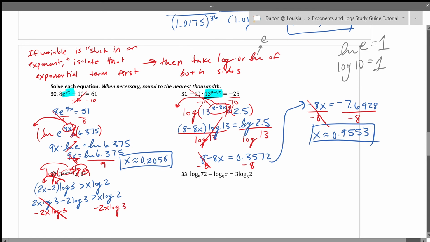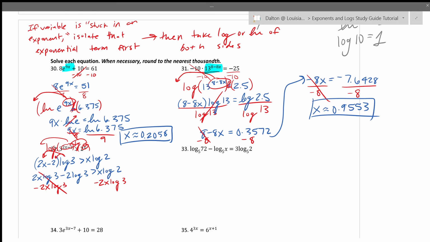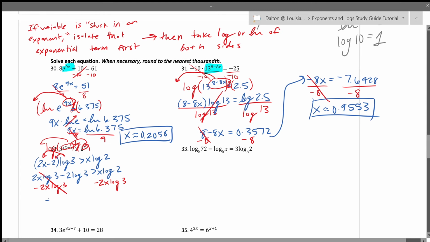And these are not like terms, so I'm not combining these. I'm just literally moving it. So it's going to be rewritten as negative 2 times the log of 3 is greater than x times the log of 2 minus 2x times the log of 3.